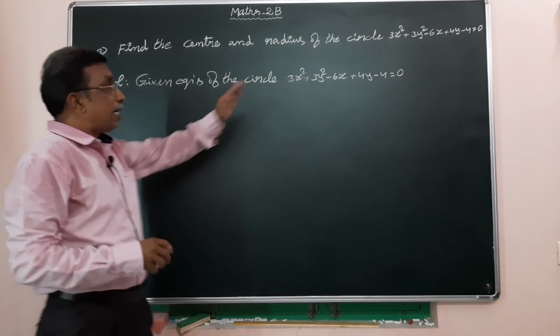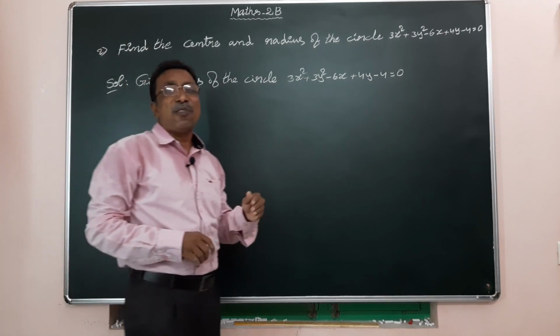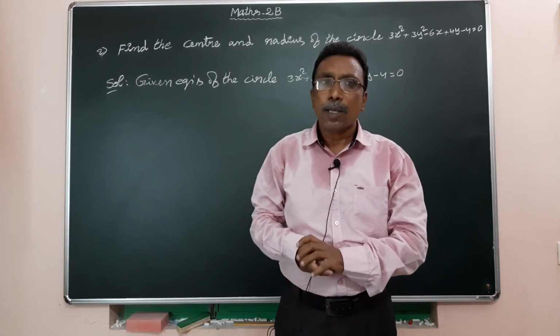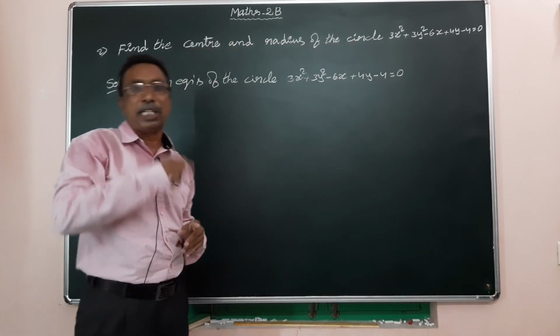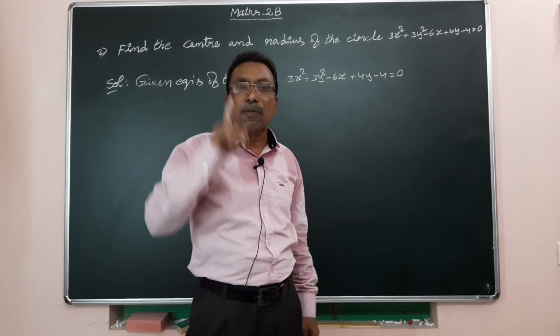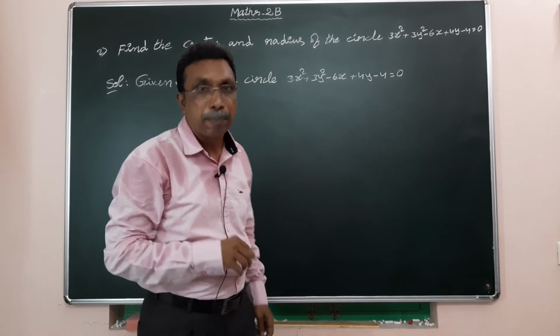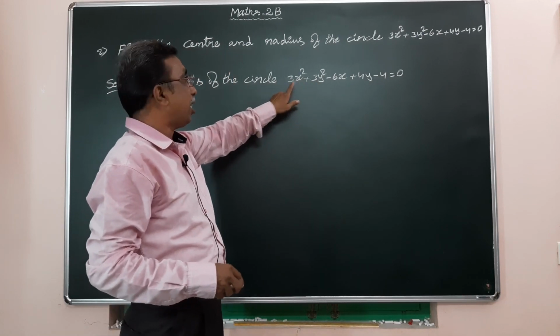First of all, observe this equation. What is the general form of the circle equation? x square plus y square plus 2gx. But in the general form of the circle equation, the x square and y square coefficients are 1 only. So here the x square and y square coefficients are how much? Here 3, 3.